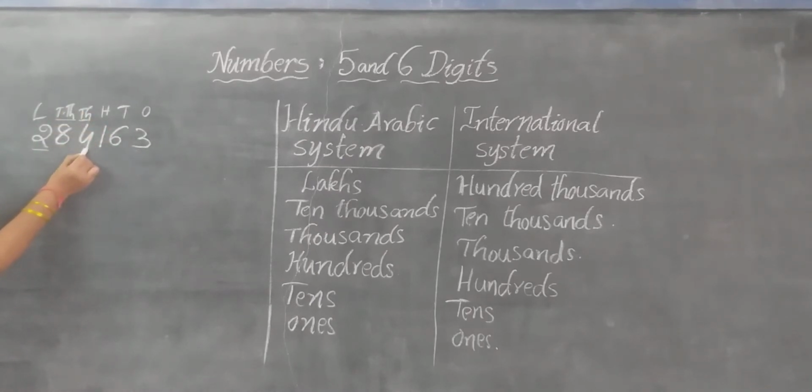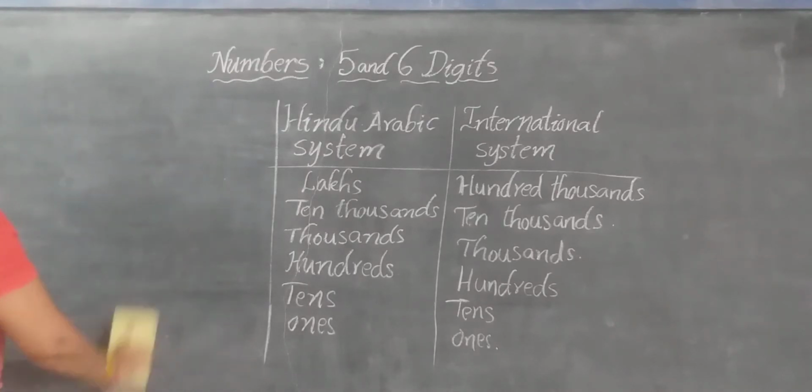So 4,000. 1 in hundreds place. 100. 6 in tens place. 60. 3 ones, 3. 2,84,163. This is the number. Okay? Children, observe here.